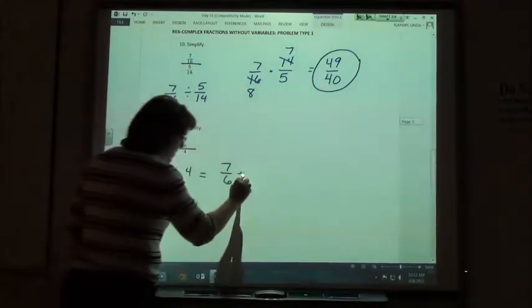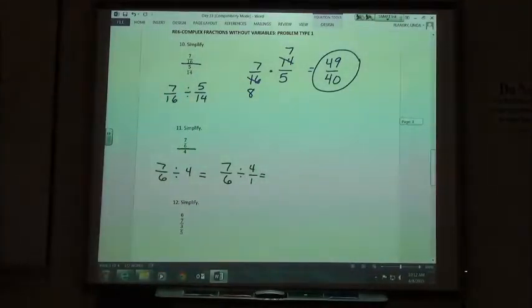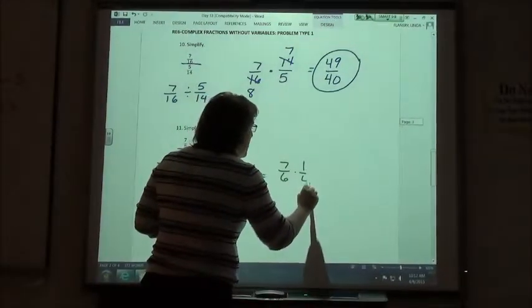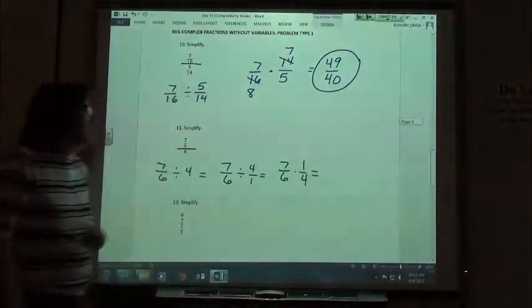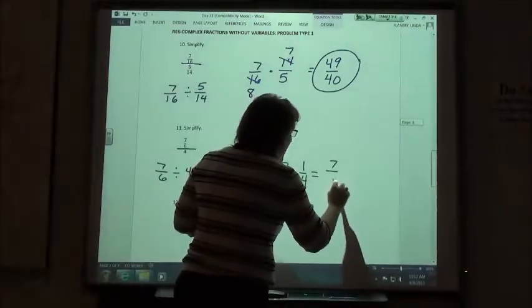I could do that. And then I would multiply by 1 over 4. 7/6 times 1/4 gives me 7/24 for my answer.